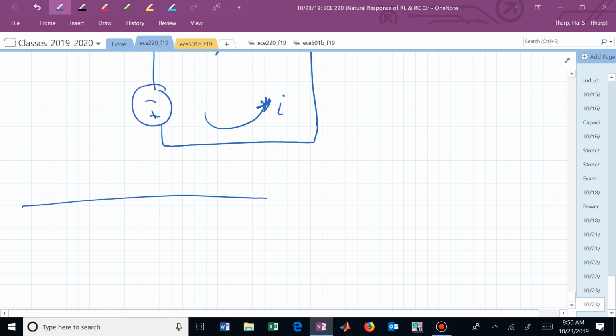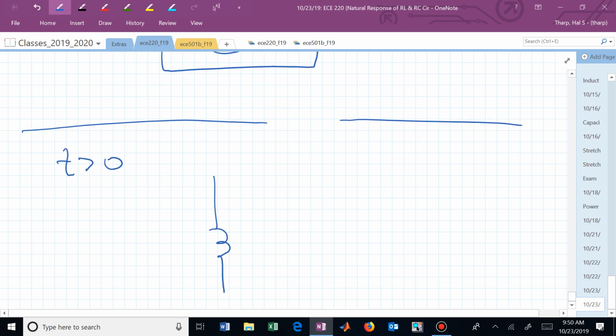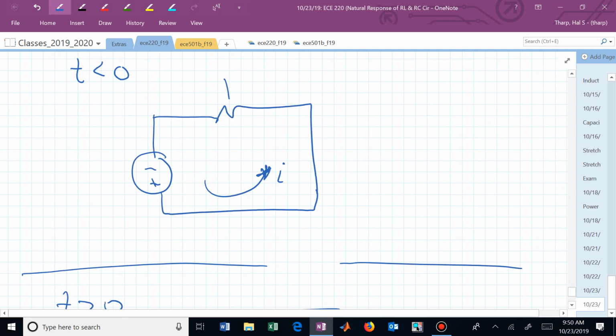And then we look at t bigger than 0, and now we have this. And what's that I? This I at 0 minus is in fact V sub s over R sub s, and we might just call that I sub s. And what do we know about the current on an inductor?